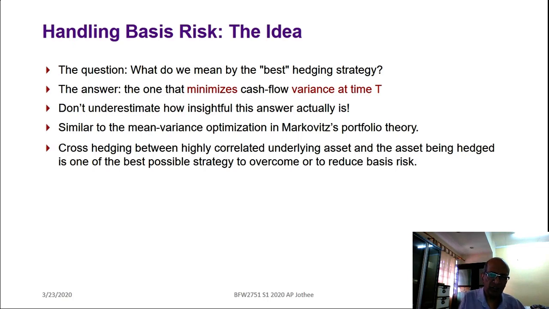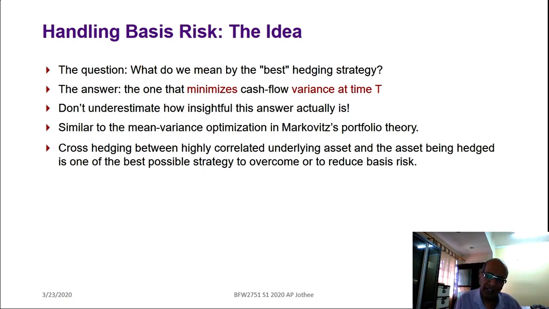Cross-hedging between highly correlated underlying assets, remember carefully, highly correlated underlying assets. What is the correlation? The changes in the spot price and the changes in the futures price of the underlying which you're using must have at least about 70 to 80% correlation, high correlation.